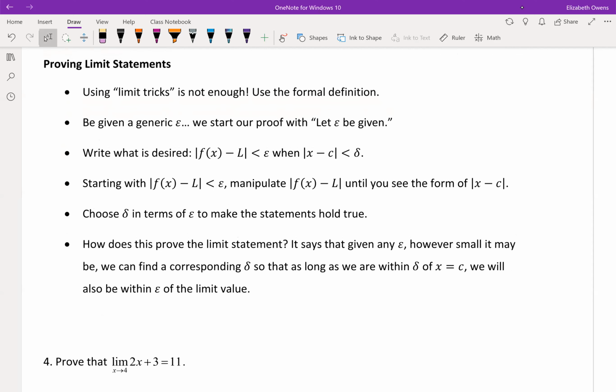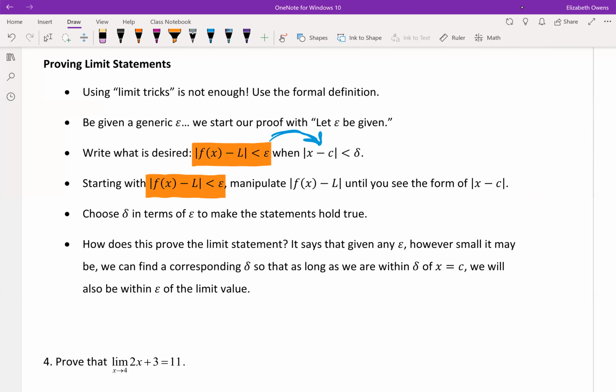Okay, and then once we've done that, we can start with one of these inequalities. We're going to start with absolute value of f of x minus L is less than epsilon. We're starting over here. And we're going to work with that until we get this other part of the formal definition to pop out, essentially, to show up in our problem.